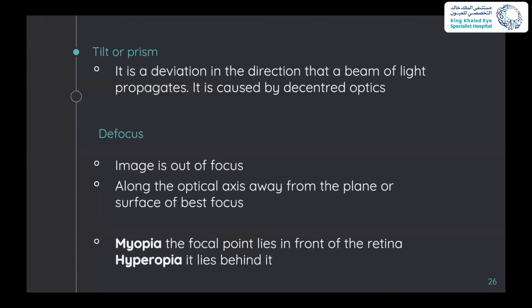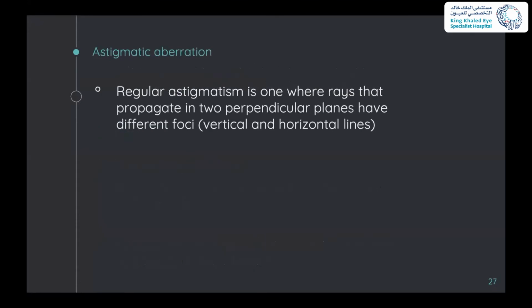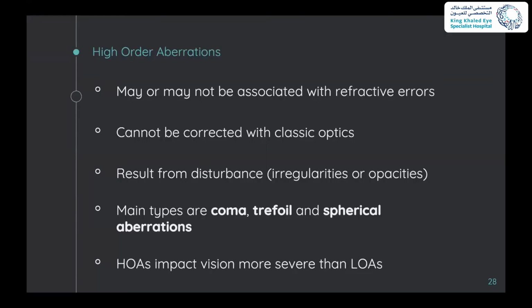Of course, you know that myopia is a focal point that lies in front of the retina and hyperopia lies behind the retina. Whenever we have rays that propagate into two perpendicular planes with different focal locations, that is what we mean by vertical and horizontal lines, which explains astigmatism. I think this is an easy part now, the low order aberrations.